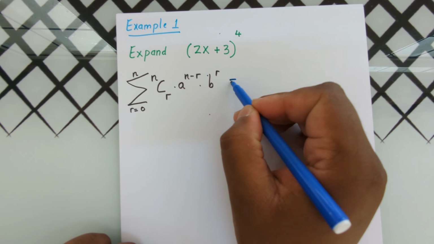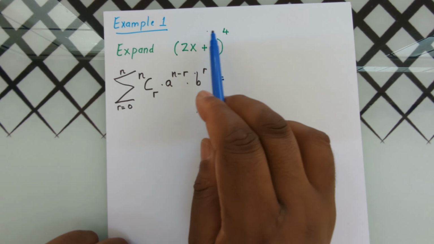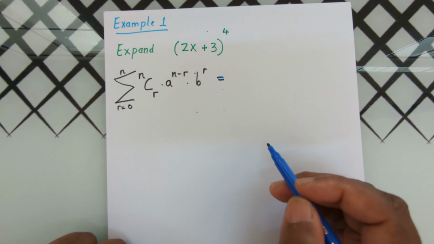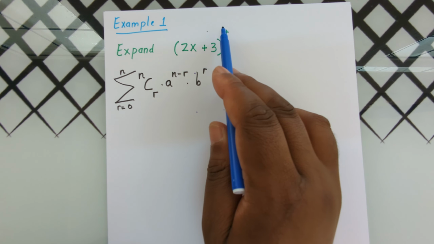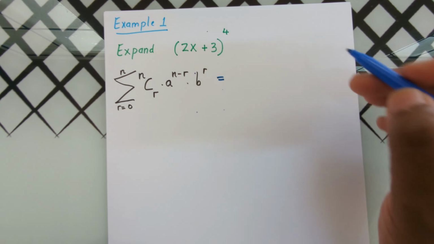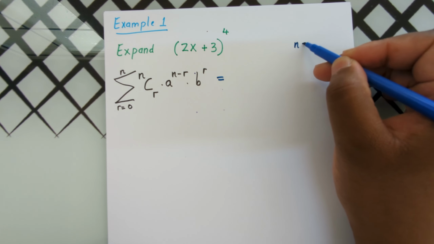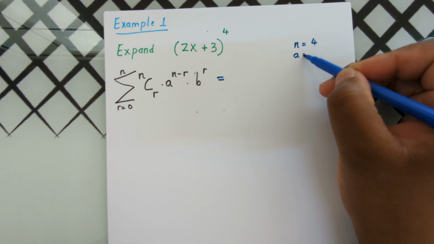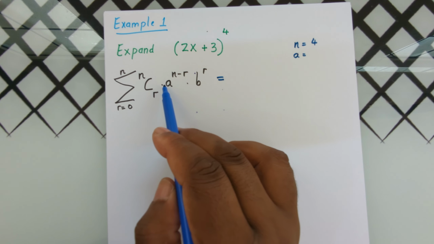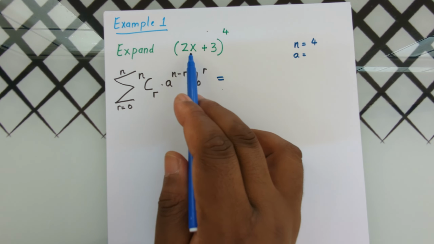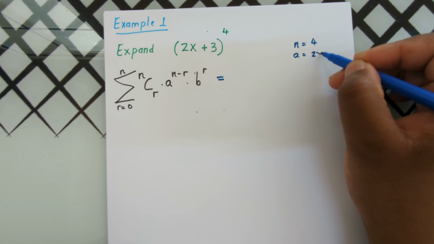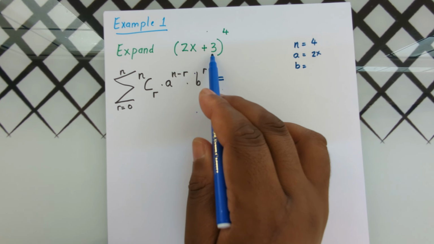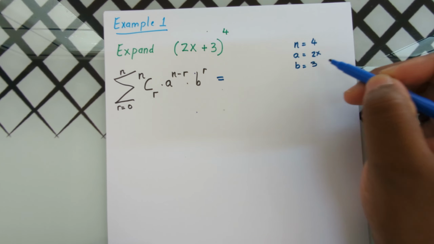So we can rewrite this using the given information. Our n will be the given exponent, so in this case our n is 4, and our a will be the first term inside the bracket, which is 2x, and our b will be the second term inside the brackets, which is 3.